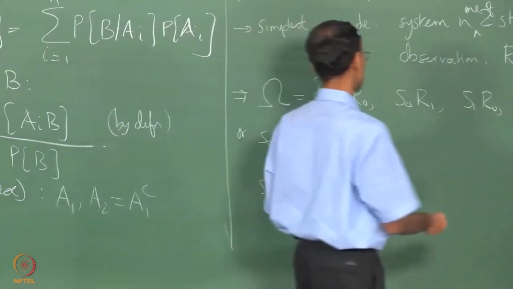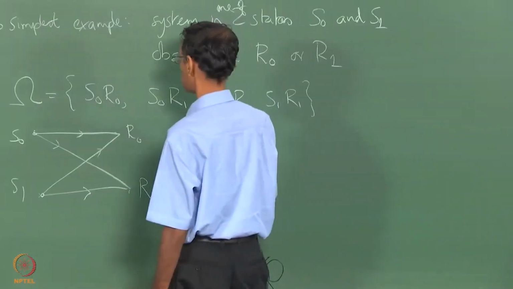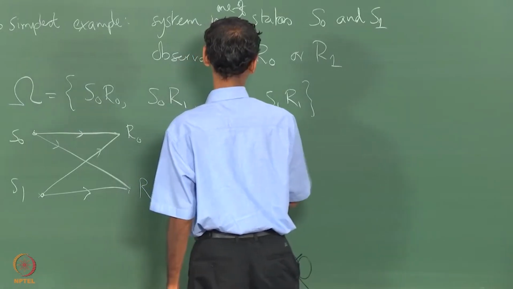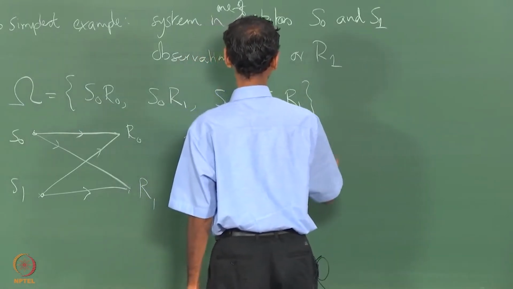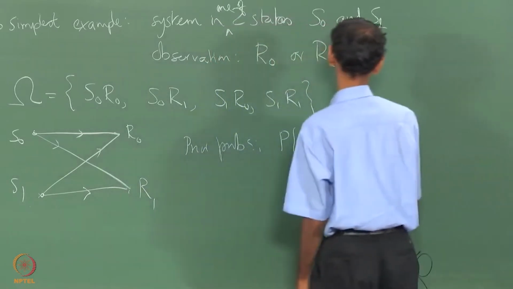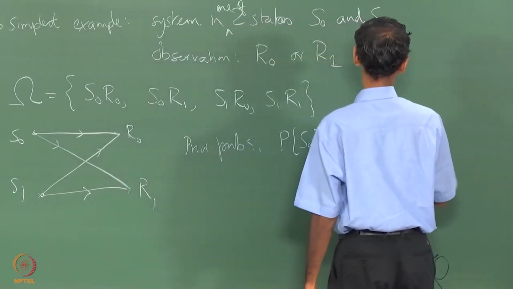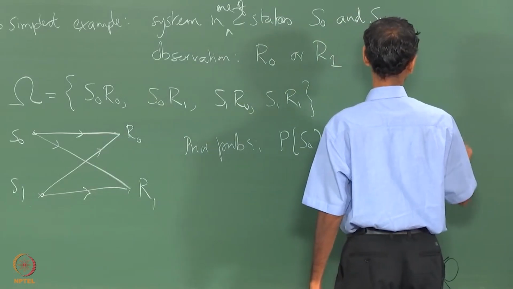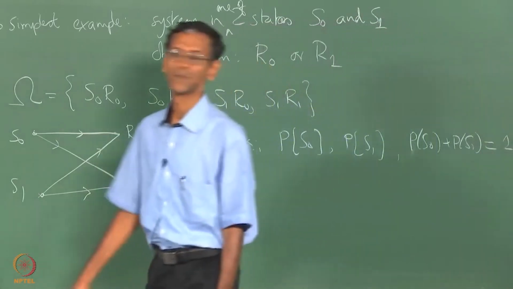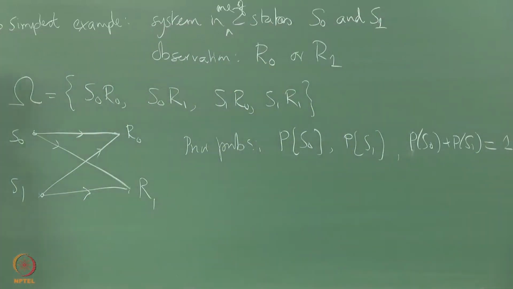So what are the prior probabilities? The prior probabilities are clearly P of S0 and P of S1, which have to add up to 1. That's exactly the counterpart here.